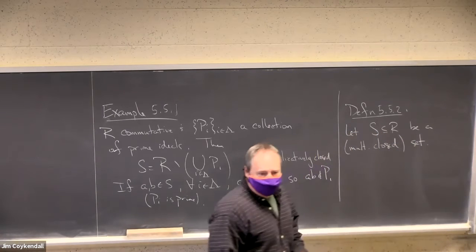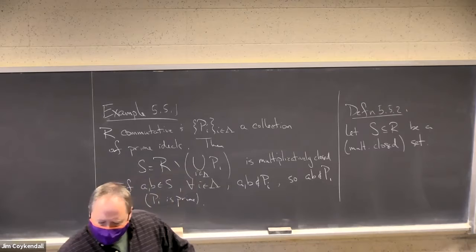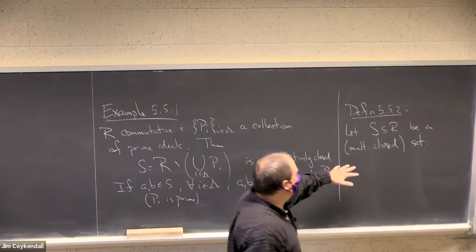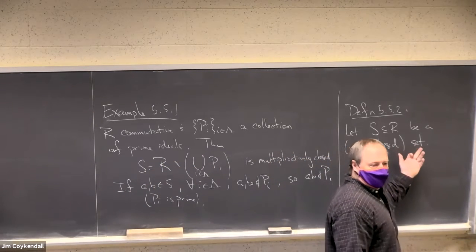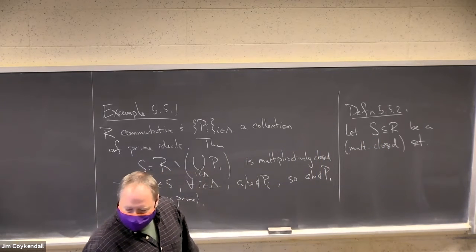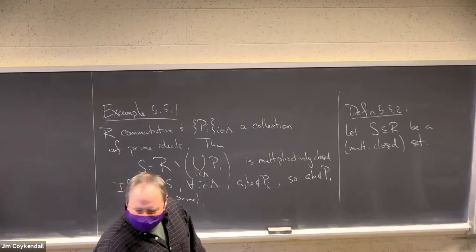Let S be a set in R. We will assume, or often when you see this definition it's assumed, that it's a multiplicatively closed set. But if you look at the definition, there's no real reason why you have to assume that.